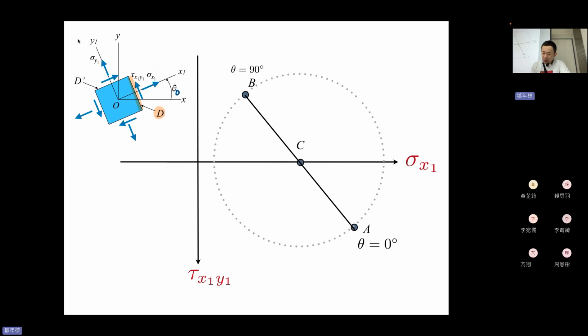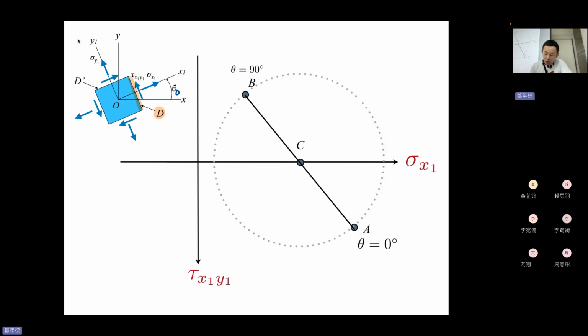So where is D? Now we know this is theta equal to 0, theta 90 degrees. So which means that it starts from 0 degrees to theta 0. Okay, so 0 degrees rotate to theta 0, you need to double it.